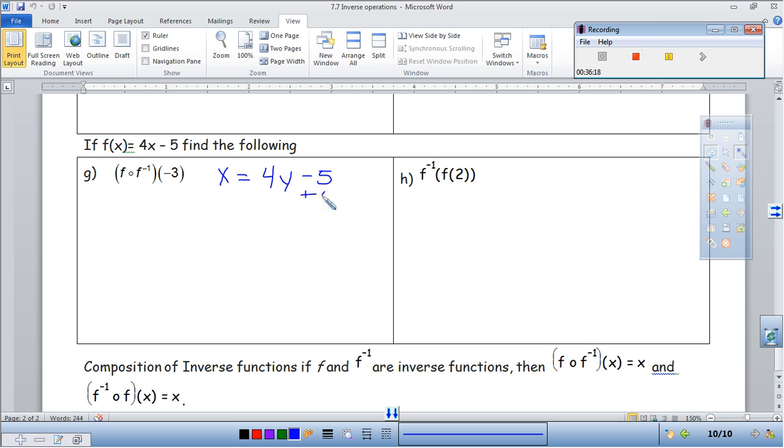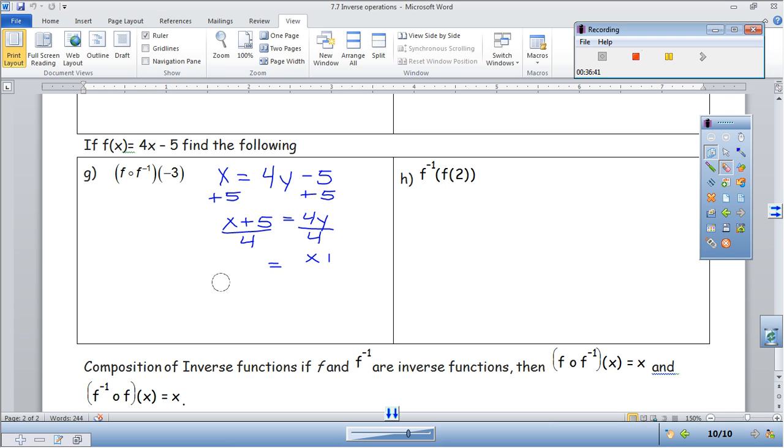I'm going to add 5 to both sides. I'm going to get x plus 5 equals 4y. And divide both sides by 4. Sorry, let's not put y. Let's put f inverse. So the inverse of x equals x plus 5 over 4.